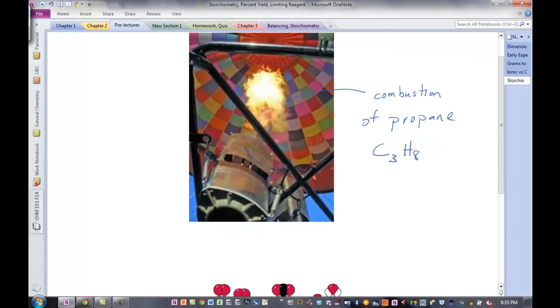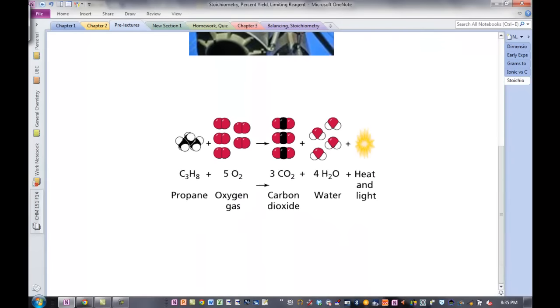So let's scroll down here and see what this looks like. So the combustion reaction of propane is going to react with the oxygen in air to produce carbon dioxide and water. And that's assuming complete combustion. You probably know that if combustion is not complete, you're going to get some carbon monoxide.